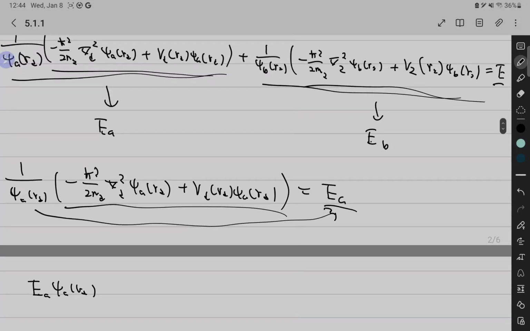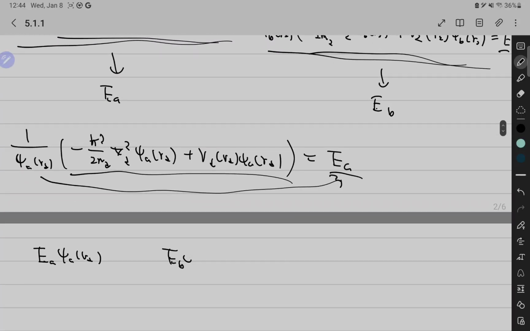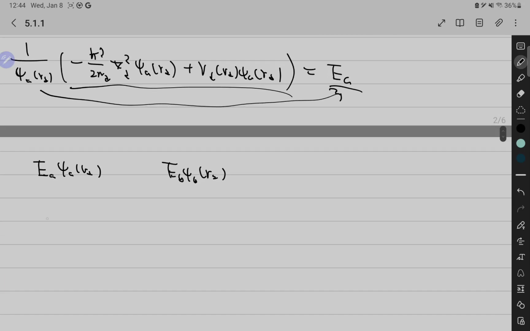And the same goes for EB, phi B R2. And we know that E is equal to EA plus EB.